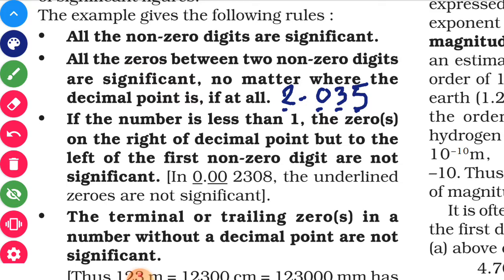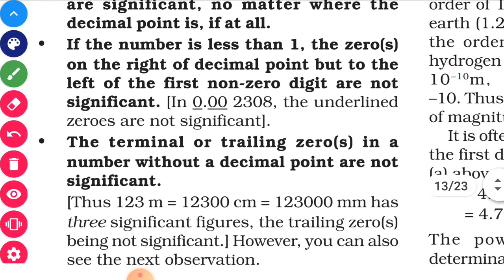Now if the number is less than 1, the zeros on the right of the decimal point but to the left of the first non-zero digit are not significant. Consider this example, 0.002308.